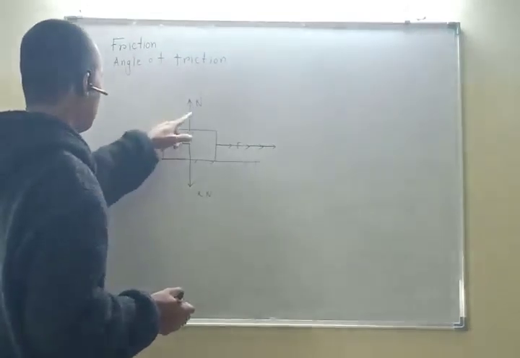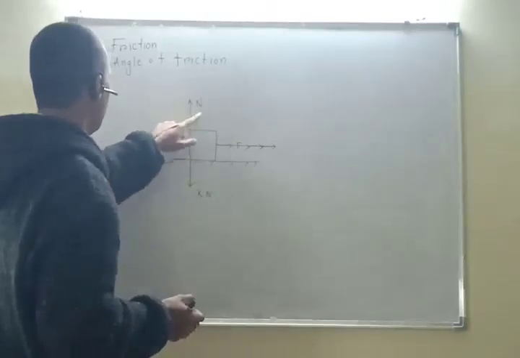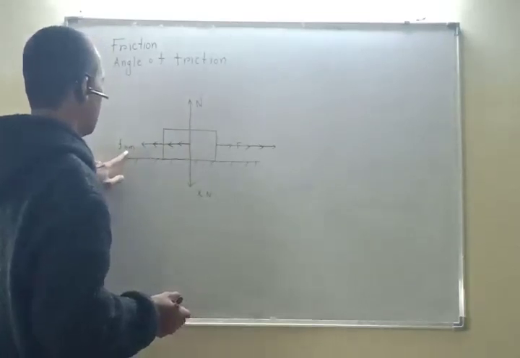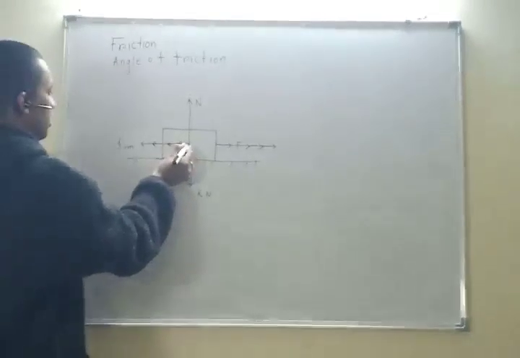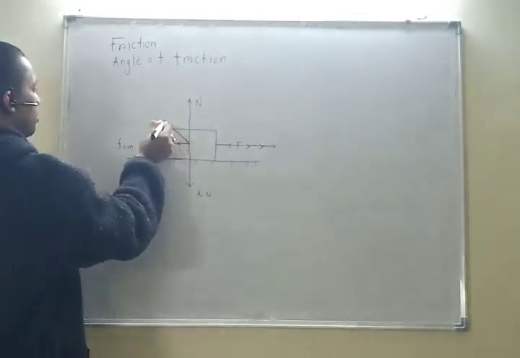Now this normal component and this limiting friction will have some resultant, and that resultant will go like this.